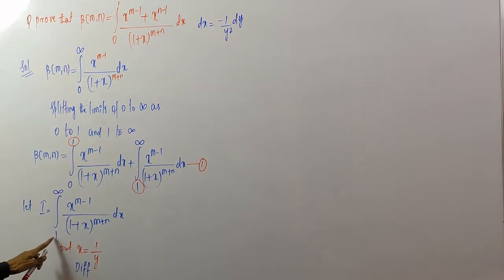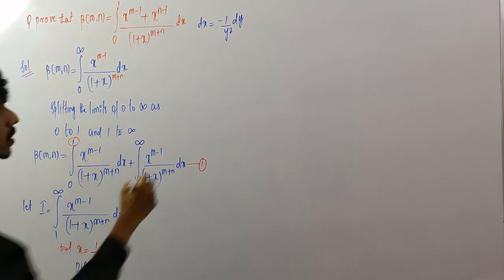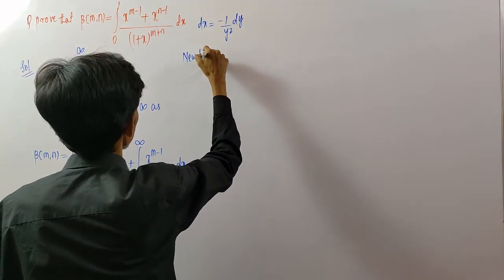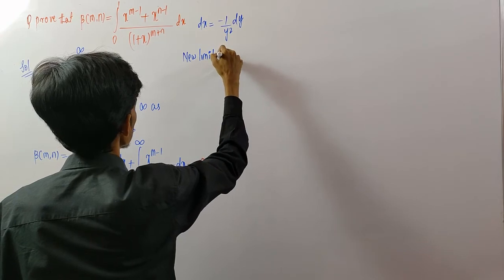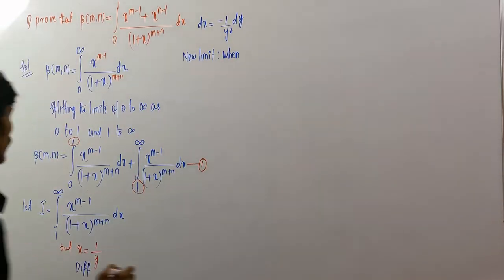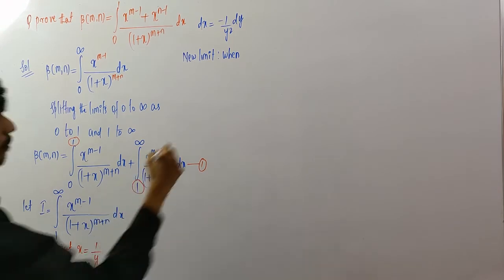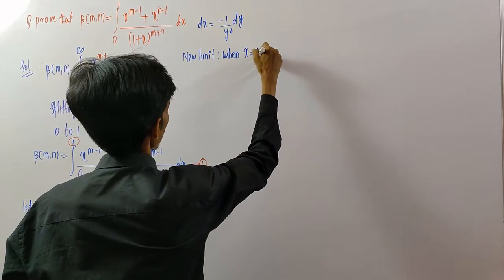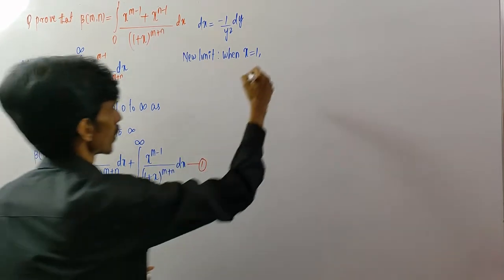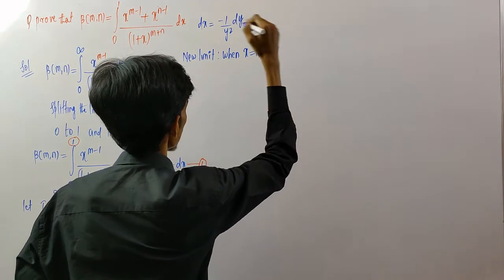Now here we have limits from 1 to infinite for variable x. Now we want limits for y, so new limits are required. For the lower limit, x is 1. Substitute x equal to 1 here, then we will get y is also 1.